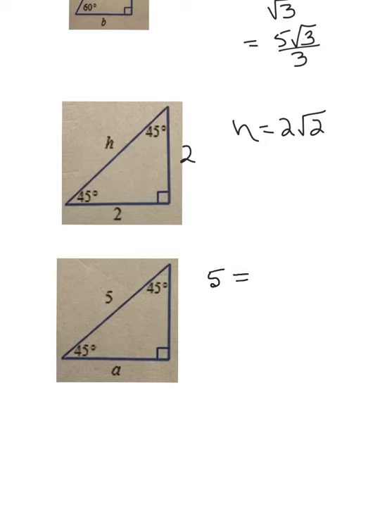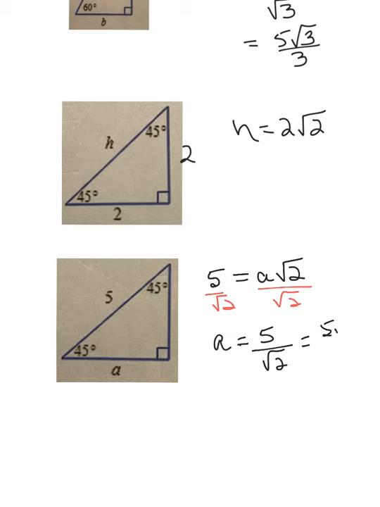That must equal the short leg times the square root of 2. We need to know what a equals, so we are going to divide by the square root of 2 on both sides. And we now have that a equals 5 over the square root of 2, which is a perfectly acceptable answer, or you can rationalize it and write it as 5 square root of 2 over 2.